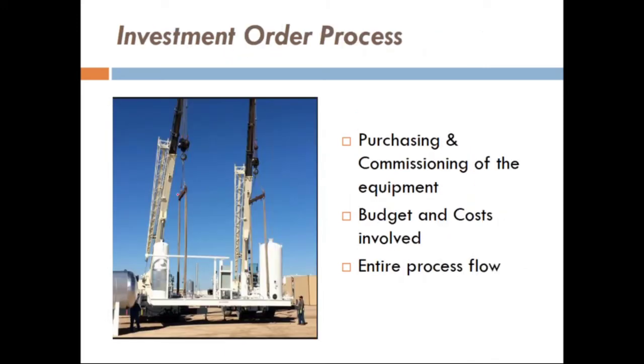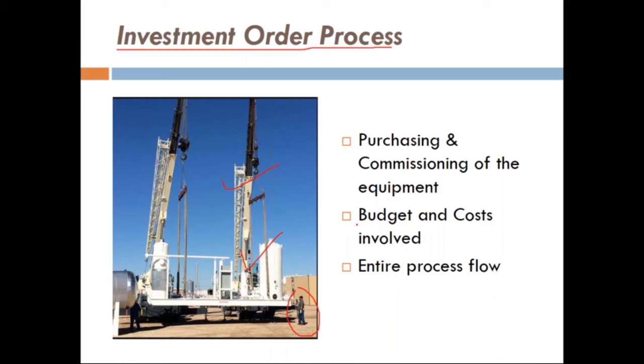This is for newly procured machines. In organizations, when they procure a new machine or new equipment, they will do the commissioning and installation. That time they need some labor, some manpower, and some spare parts. If you want to capture all those things, then they will go for this investment order process.